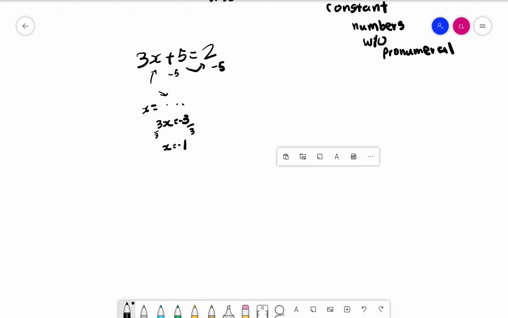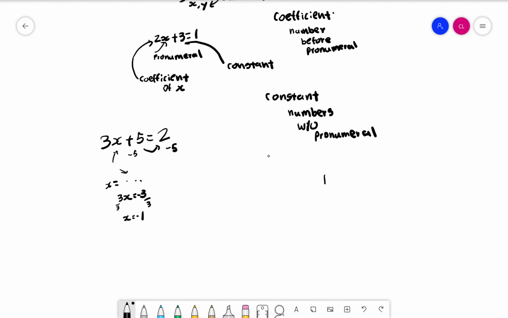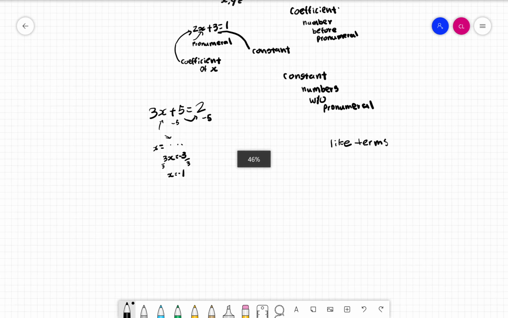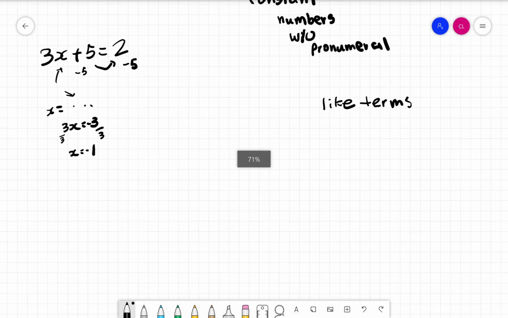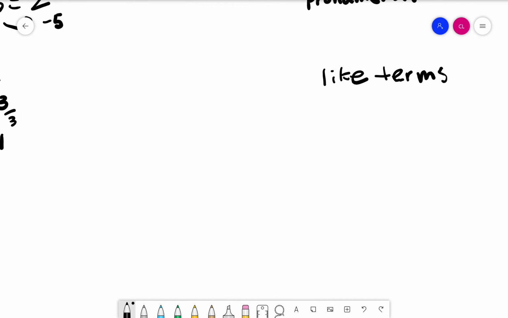Alright, now another thing I didn't say is like terms. I'm not the best at explaining like this, so I'll just show you how like terms work. So usually when solving something, you would want to find the like terms.